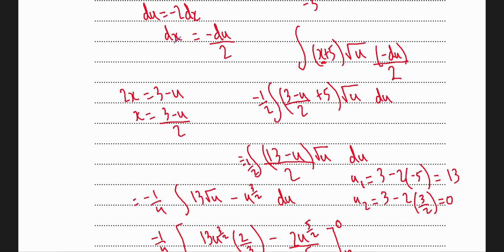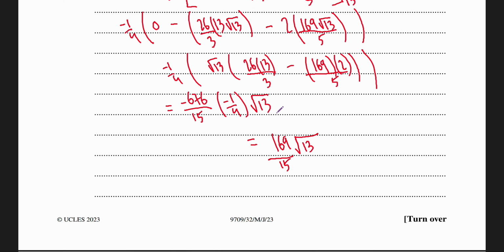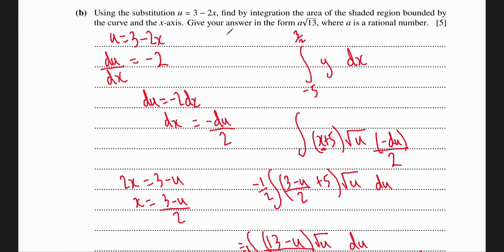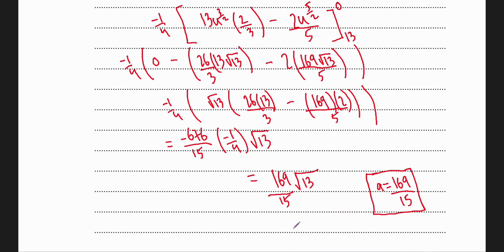We want it in the form a square root 13, where a is a rational number. So in this case, a is equal to 169 divided by 15. But you don't have to specify it, because it's already implied that you're giving it in the form a square root 13.